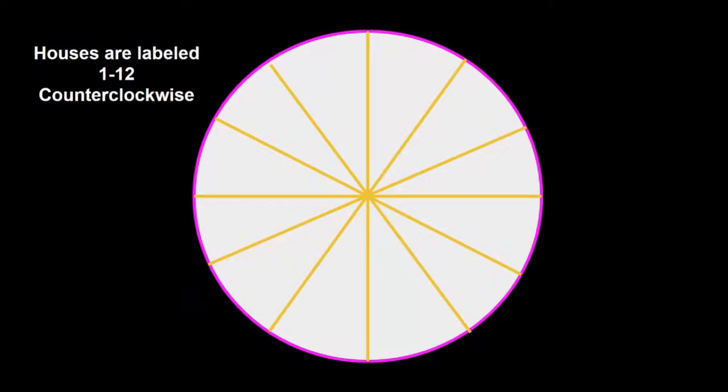And again, as a reminder, the houses are labeled 1 to 12 counterclockwise. We're not labeling right now, but just a reminder. I'm gonna leave y'all right here with this reminder. All right, everyone got their reminder? We ready? All right.